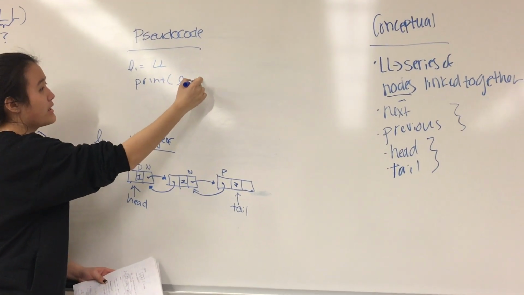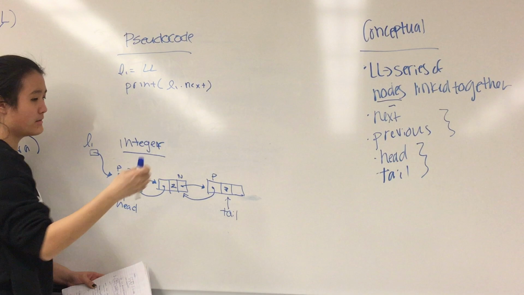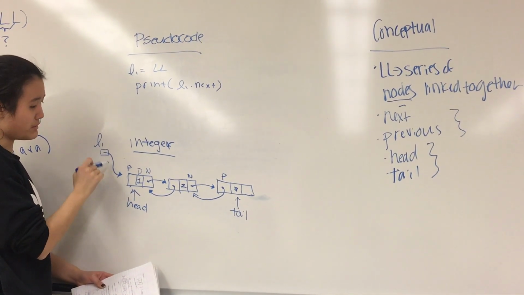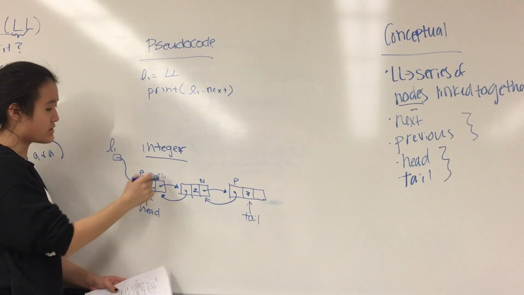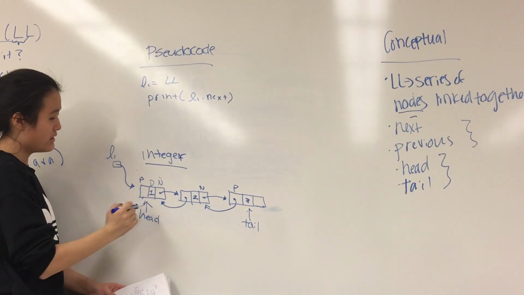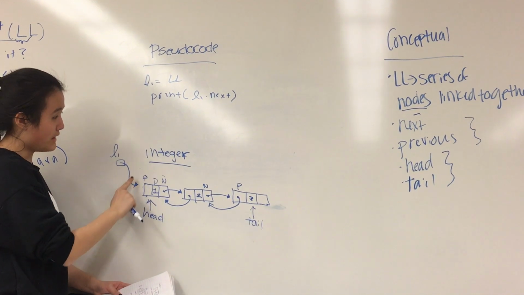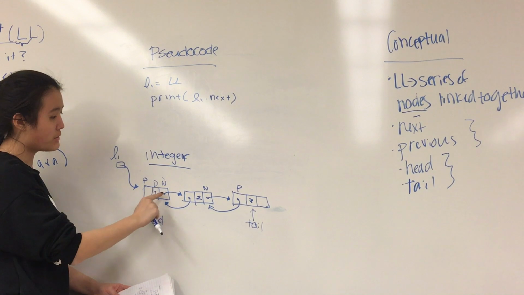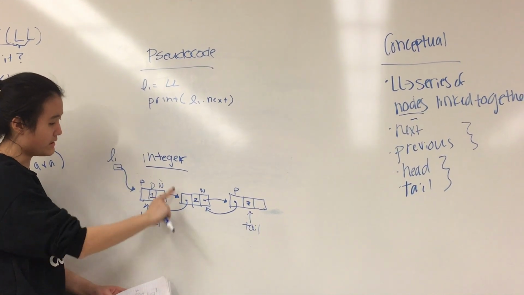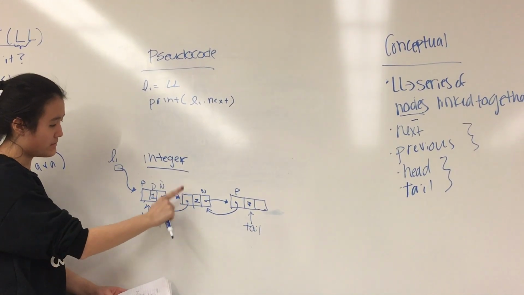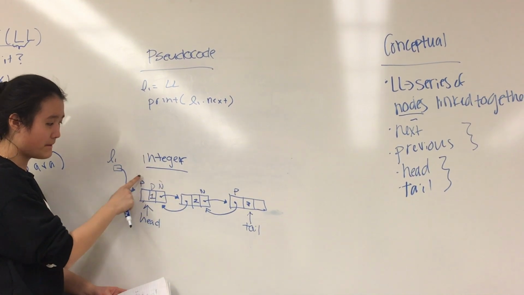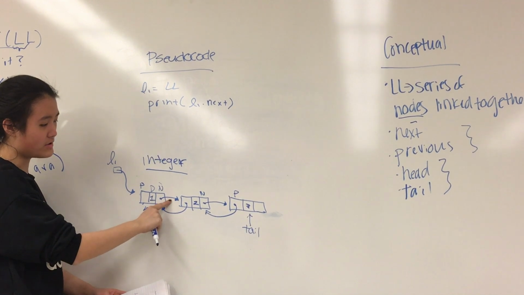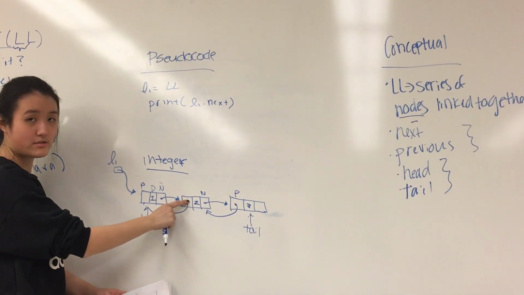So if I wanted to print list1 dot next, as we said, L1 is always going to be pointing to the head of the list, so it's going to be pointing to this first one. So we say L1 dot next. When I say dot, I'm going to go to this arrow, dot next.